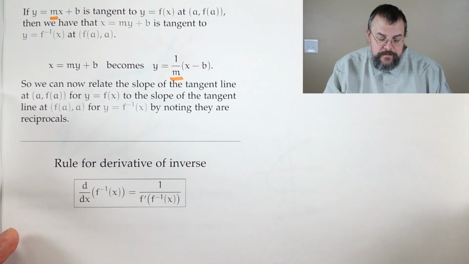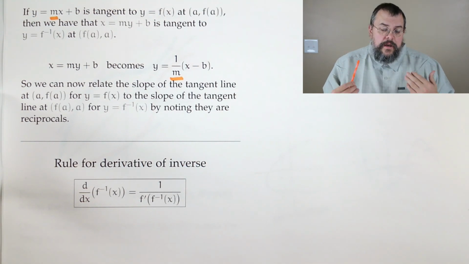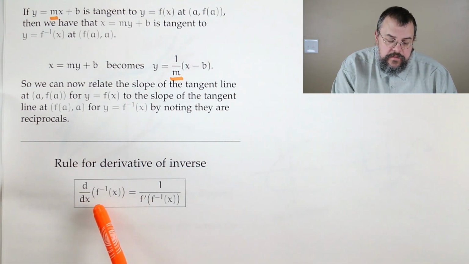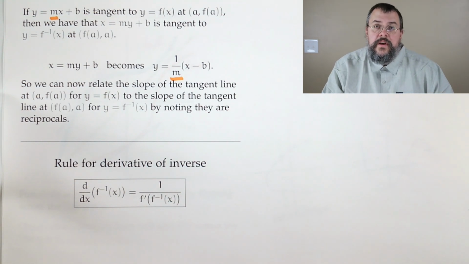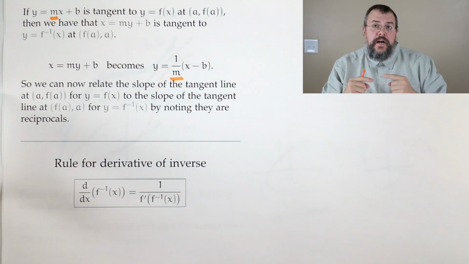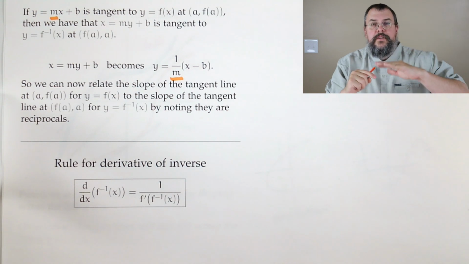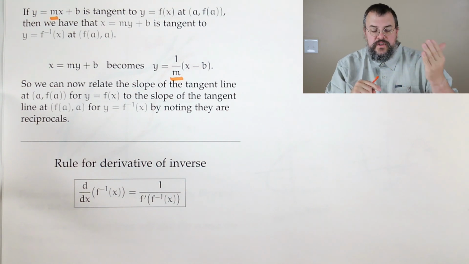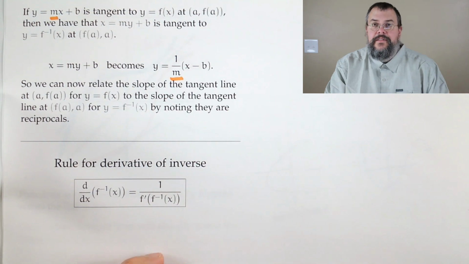Here's the answer. If I'm after the derivative of the inverse function at some point x, any point I want, then it's 1 over the derivative of the original function, but not at x, but at what you would get if you did your flip. In other words, you exchange, and that means you evaluate at f inverse of x.